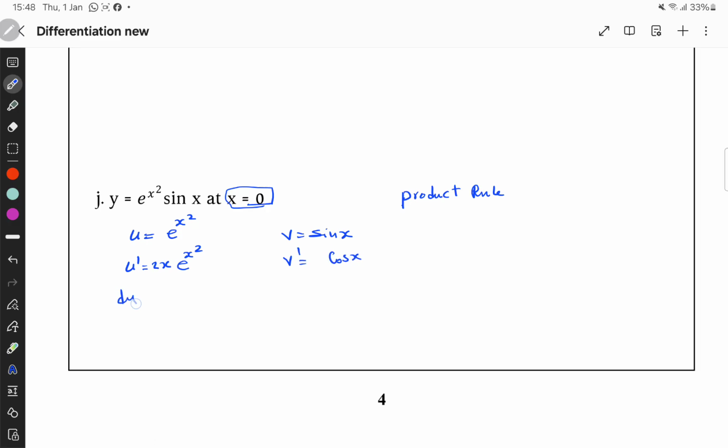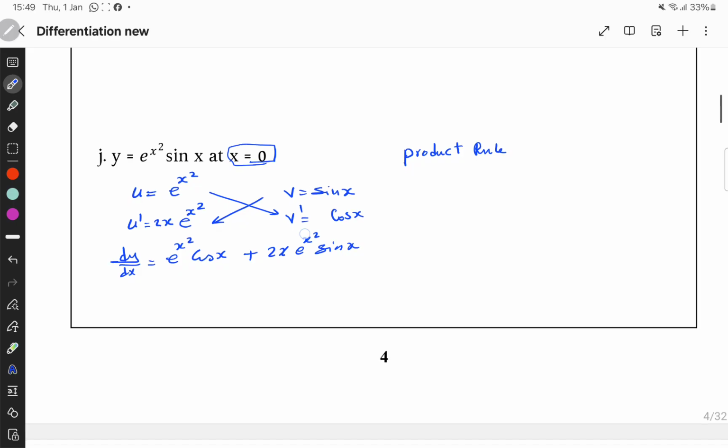So dy with respect to x is equal to e to the power x squared times cosine x plus 2x times e to the power x squared times sine x. He said find the gradient at x equals 0, so we just exchange every x by 0.